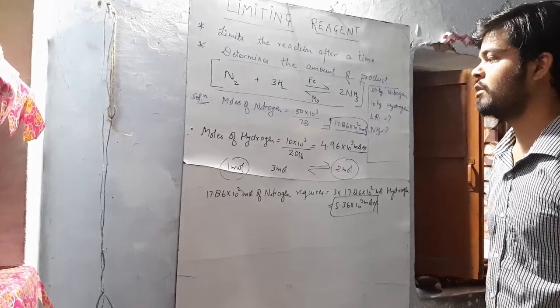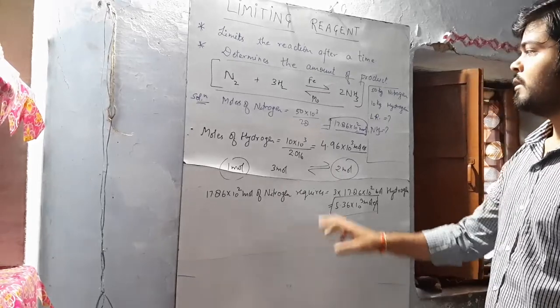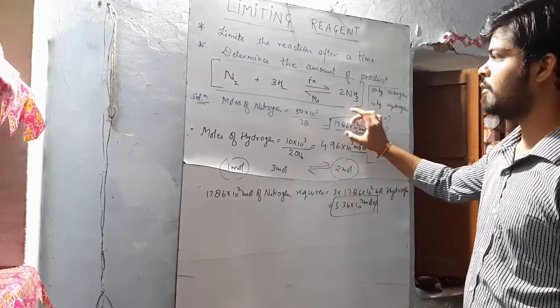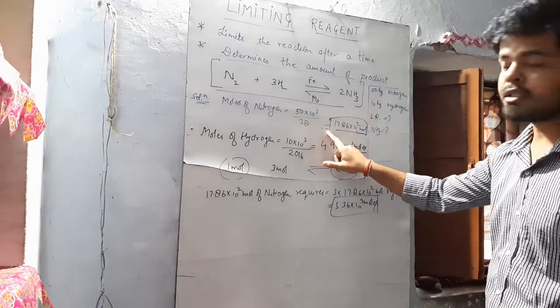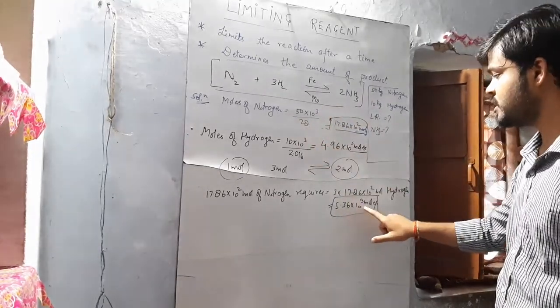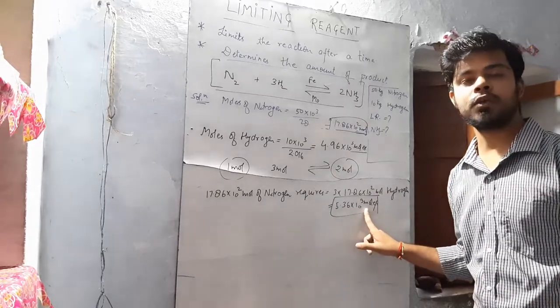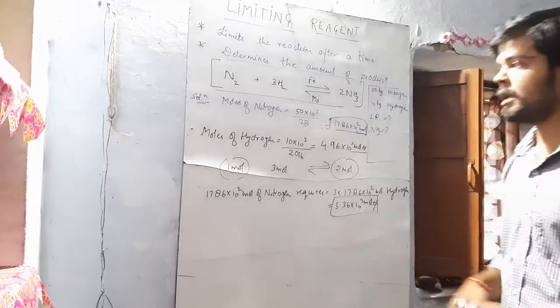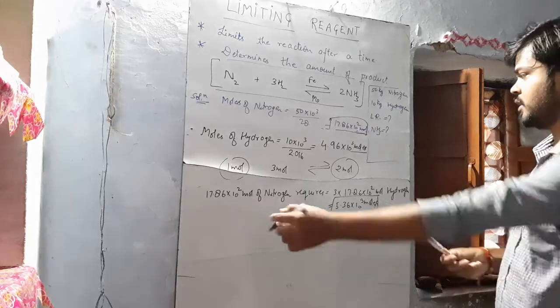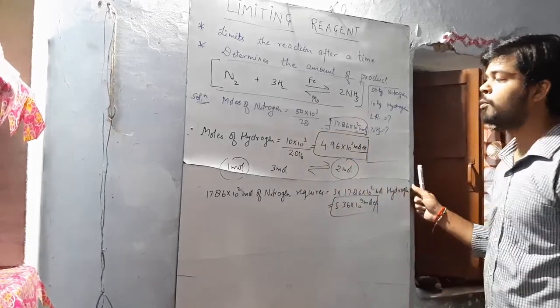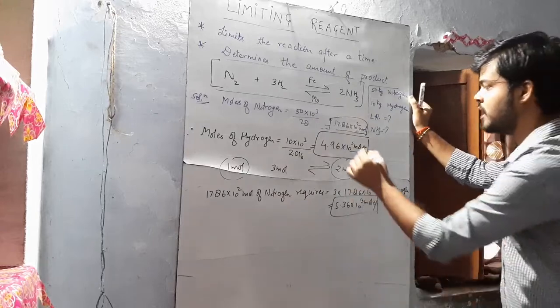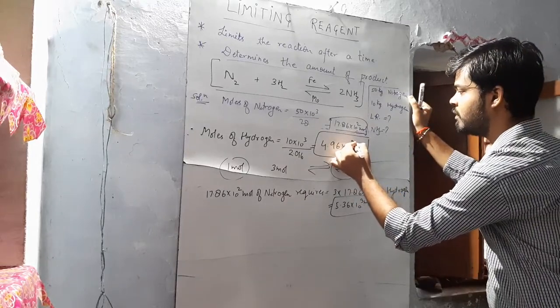Thus we conclude here that this amount of nitrogen requires 5.36 into 10 power 3 moles of hydrogen. Clear? But the twist is here that we have been only provided with 4.96 into 10 power 3 moles of hydrogen.